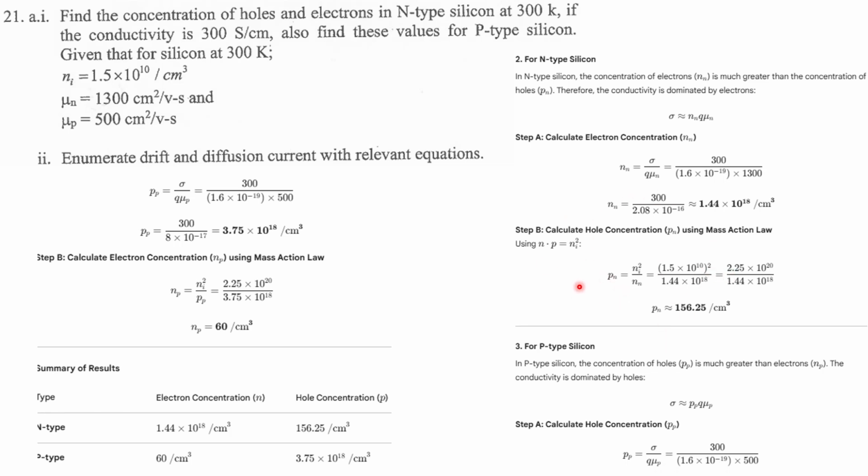Since Ni squared is equal to p times n, the product of the concentrations of holes and electrons, and we already got the concentration of electrons, you can put it in and get the concentration of holes. For the p-type substrate, similarly you can use the same equations. Conductivity is equal to mu N e, and calculate the remaining values.